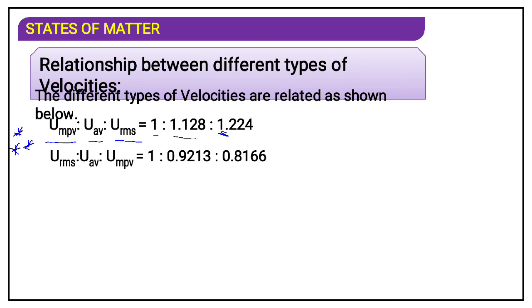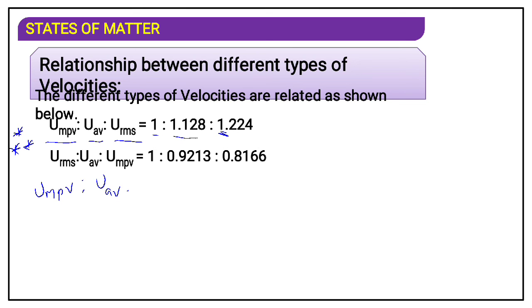Also we can write like this. You know that I may have already mentioned to you, Cp is nothing but the most probable velocity, called u most probable velocity. Another one is u average velocity.